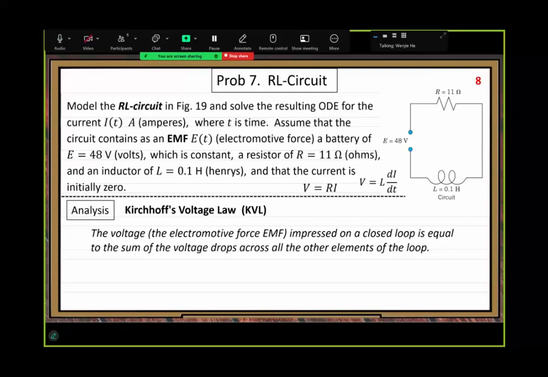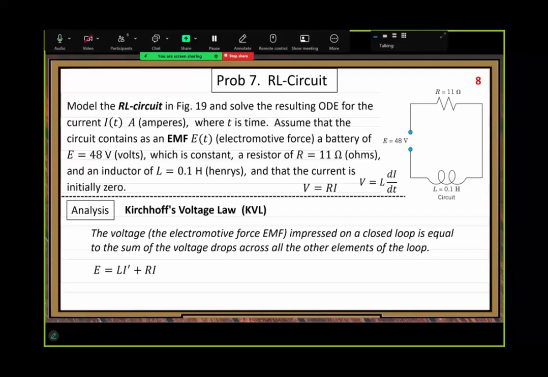So the equation is pretty straightforward. The equation is E equals L times I prime plus R times I. It's a simple equation. In this equation, let's look at the knowns and unknowns.